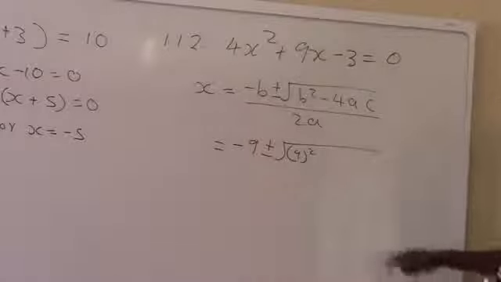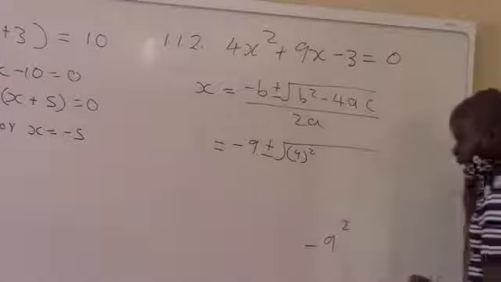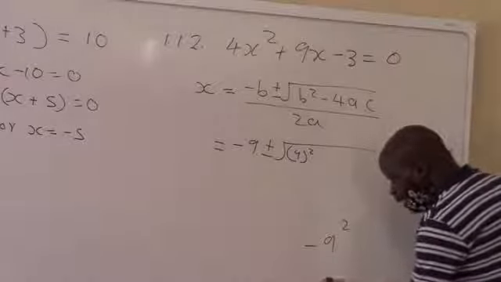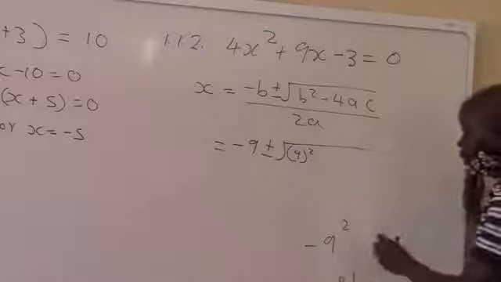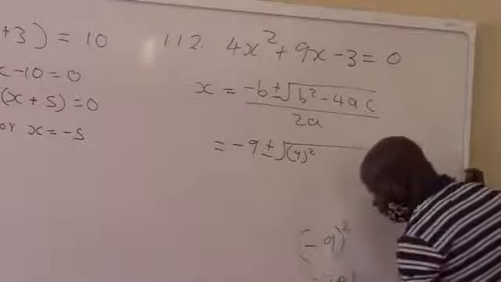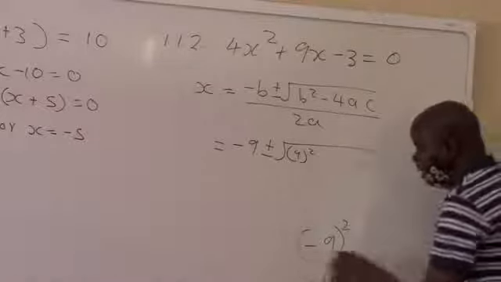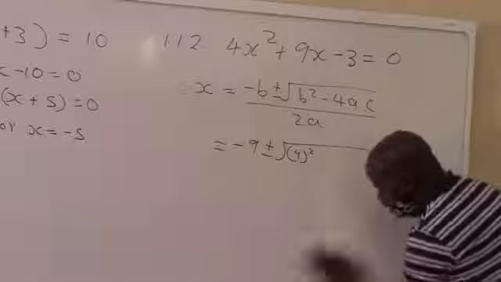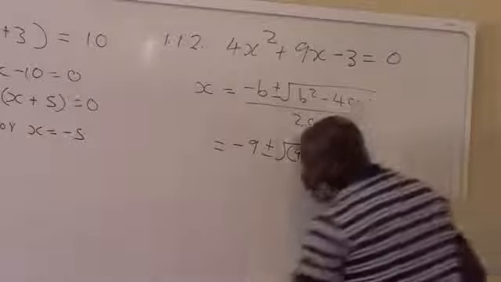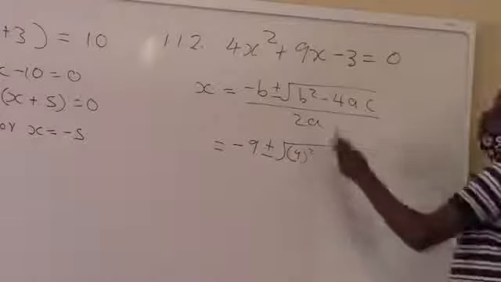If you write negative 9 squared, your answer there is going to be negative 81, which is wrong. But if you put it in brackets, it's going to give you positive 81, which is correct. So it's always advisable to write your b squared in brackets so that you don't calculate it wrongly.